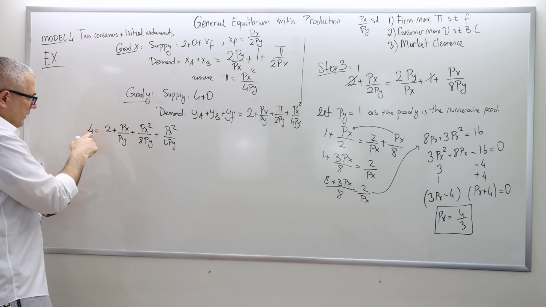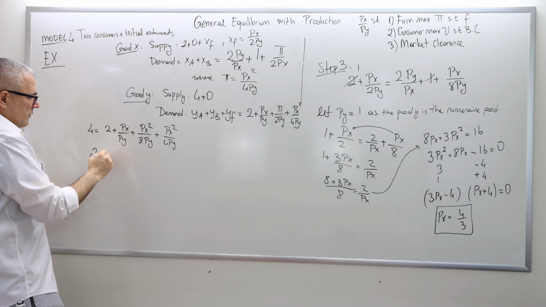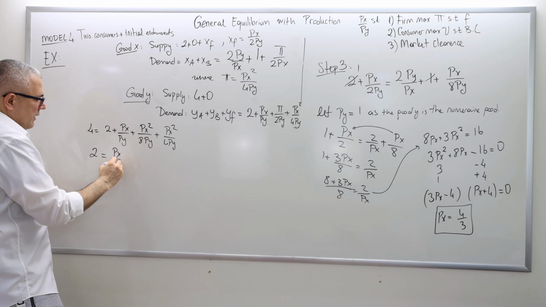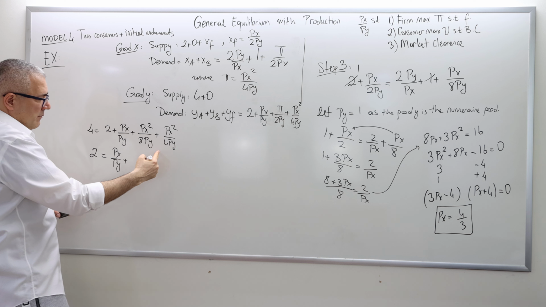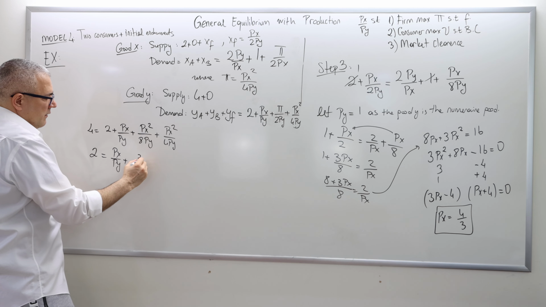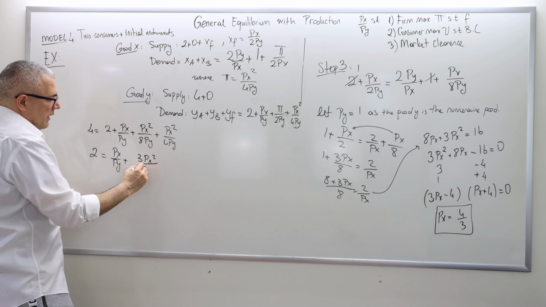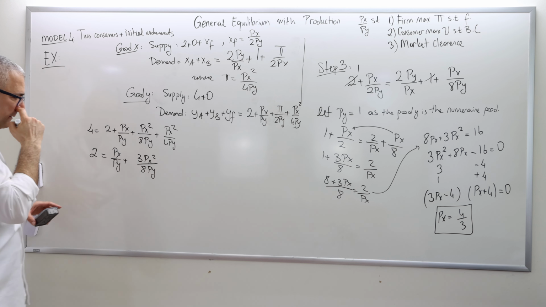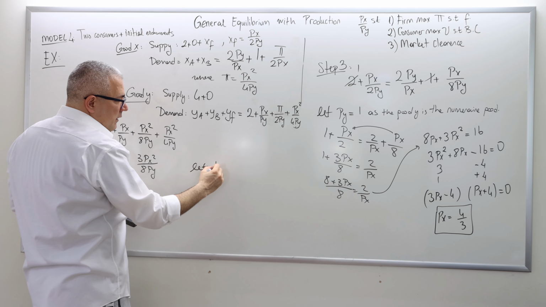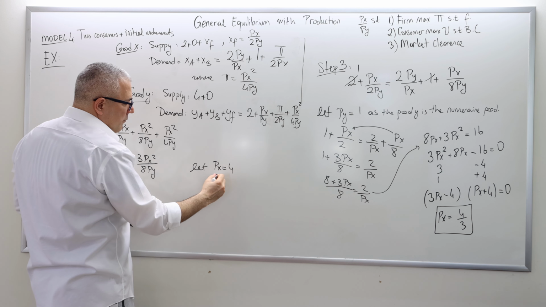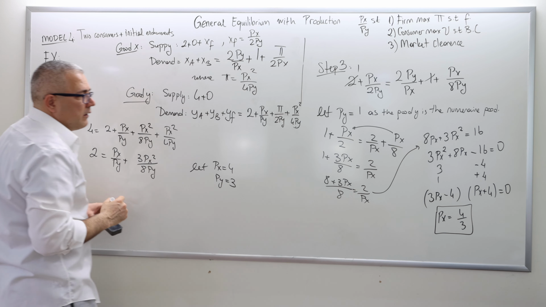So if I need to simplify this, send 2 to the other side. 2 equals PX over PY plus this, if I add them up, it's going to be 3PX squared divided by 8PY, all right, something like this. So here, that's what I'm going to try. So let PX equal 4, PY equal 3, all right?